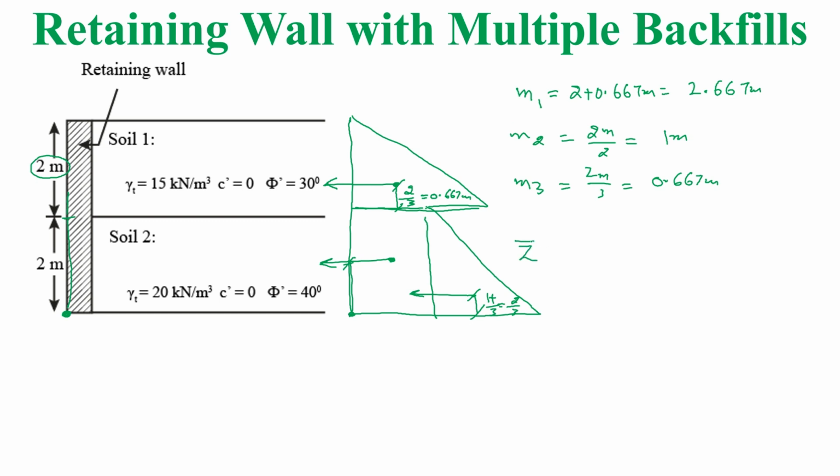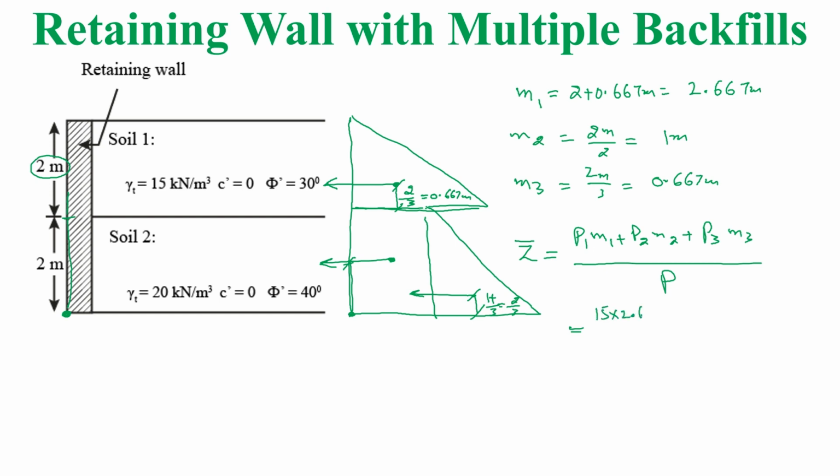To calculate the location of that total force, we will calculate z prime, that is P1 M1 plus P2 M2 plus P3 M3 divided by the total force sum, which we got like 51. So if we multiply, P1 is equal to 15. So 15 times M1.